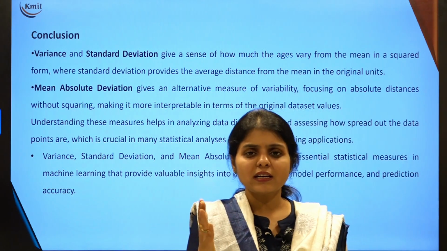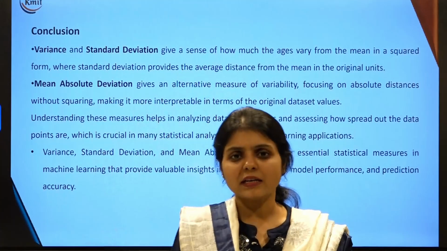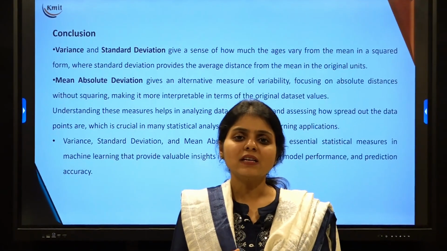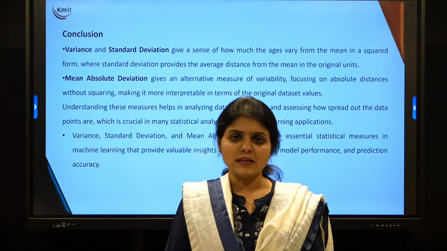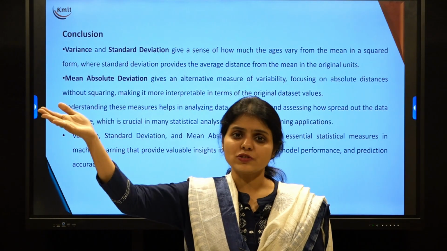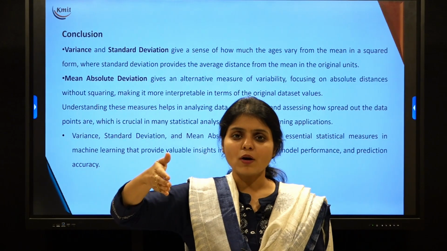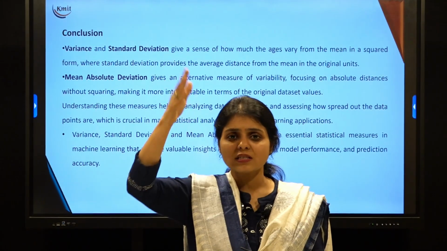Central tendency will give you one particular value representing the entire data set, and variability will give us a clear understanding of how the data is spread. When I talk about a data set, we have different features, right? For example, the salary of a person: depending upon the experience, the salary would be different.